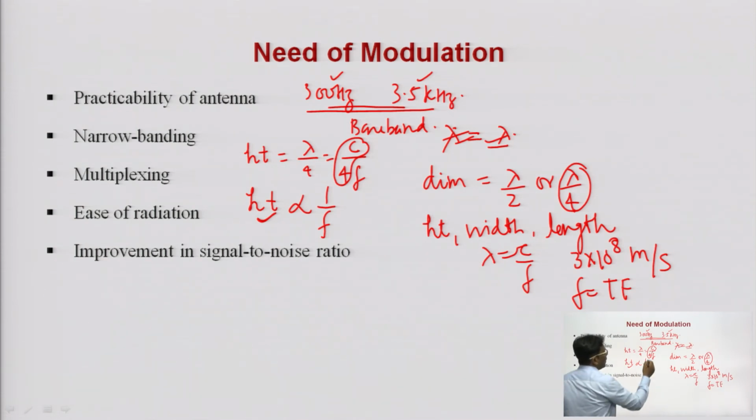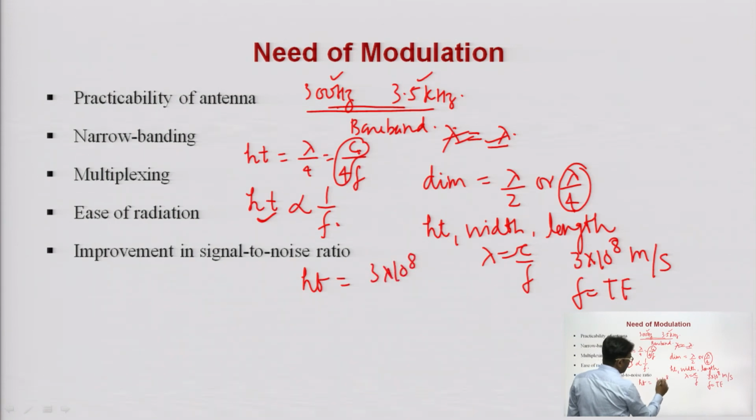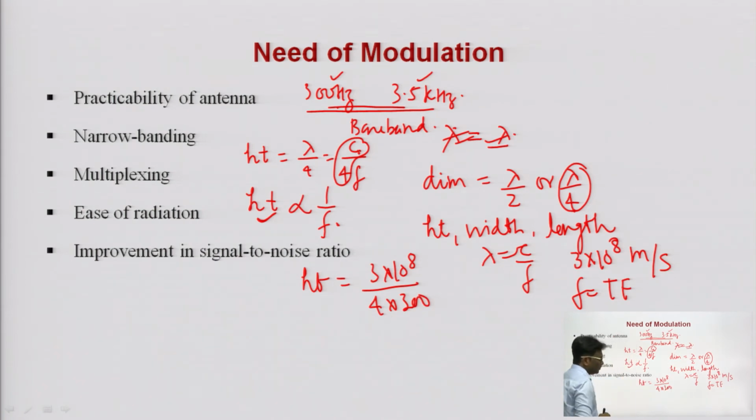Suppose I put 300 hertz in this formula, c upon 4f. The height required for the antenna is 3 into 10 to the power 8 divided by 4 into 300. This is very high, somewhere around kilometers of antenna height. Practically this height of antenna is not possible.